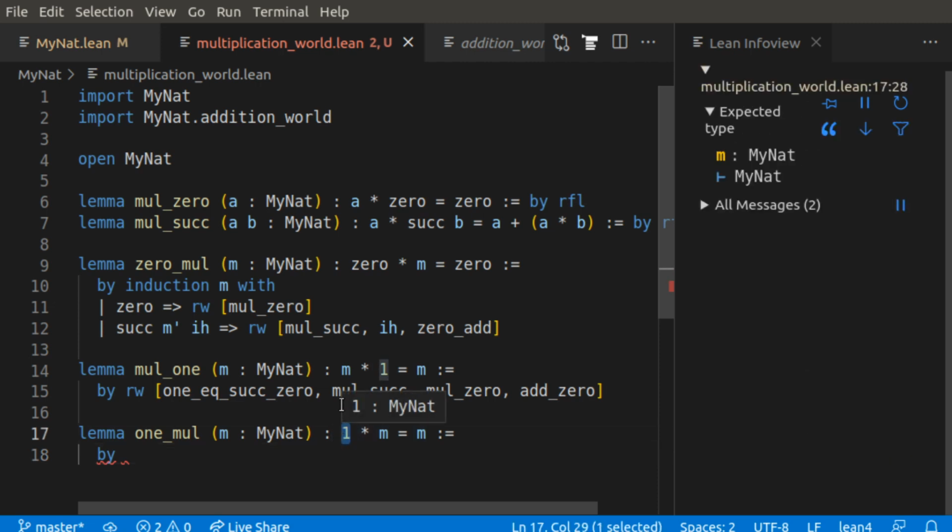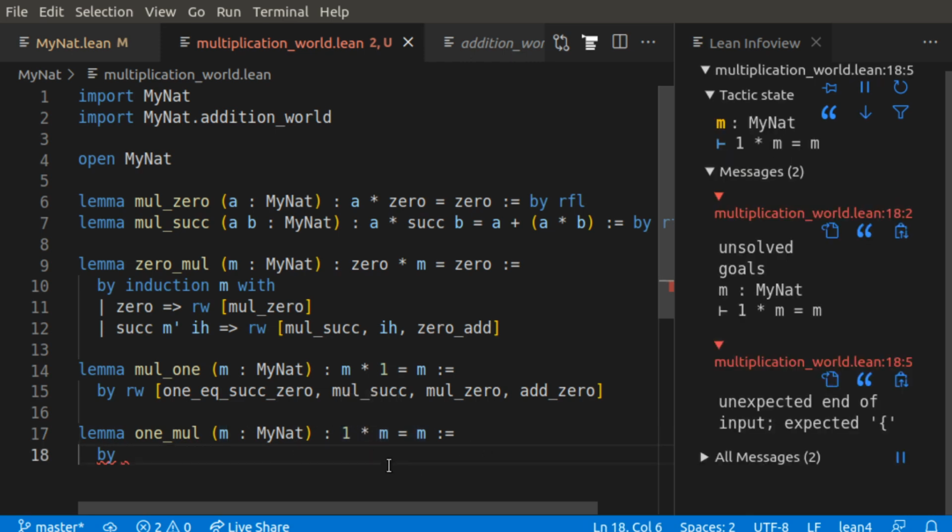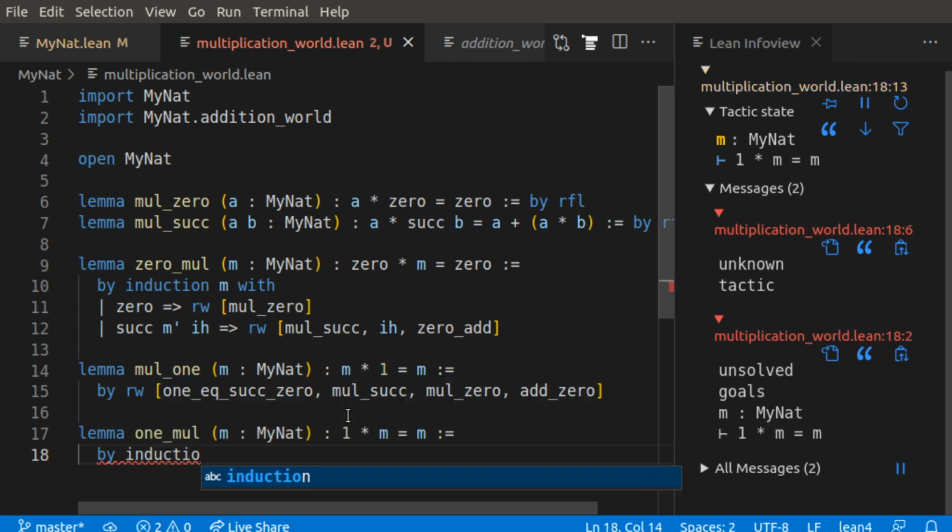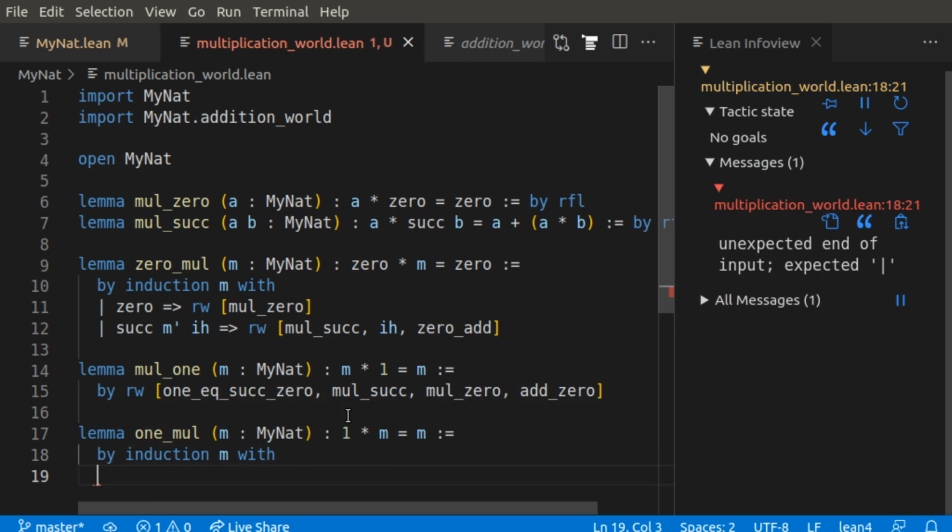I guess we could do 1 times successor of m prime maybe, and think how that would be expanded out, but that would just be 1 times 1 plus 1 plus 1, m times. That would be hard to prove without just using induction, so I think we're going to use induction again.